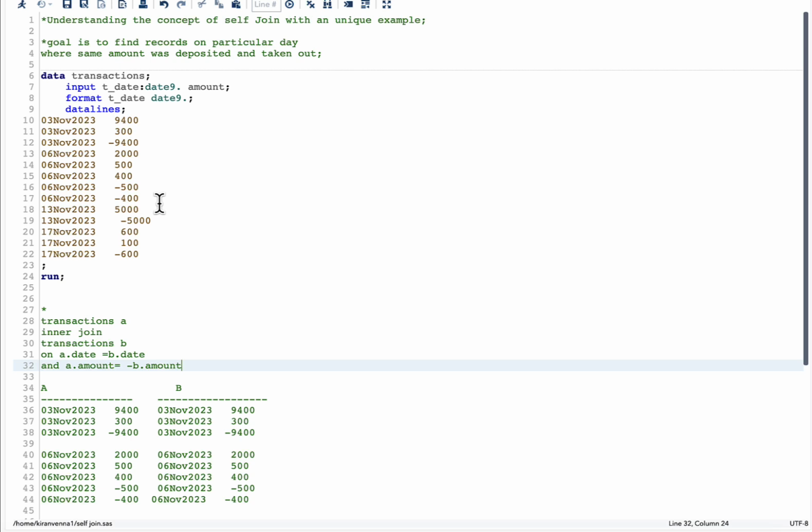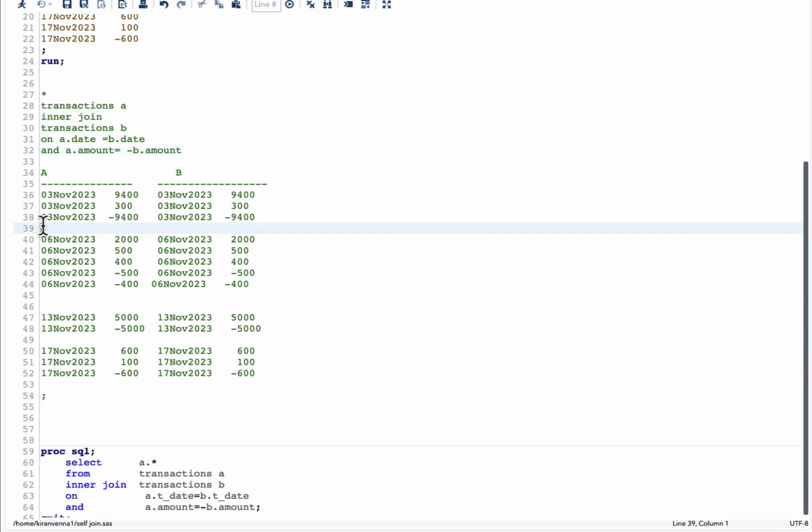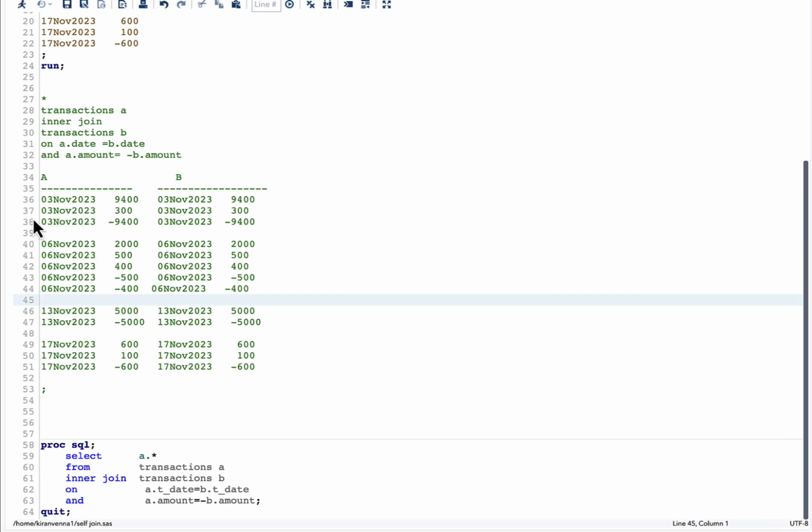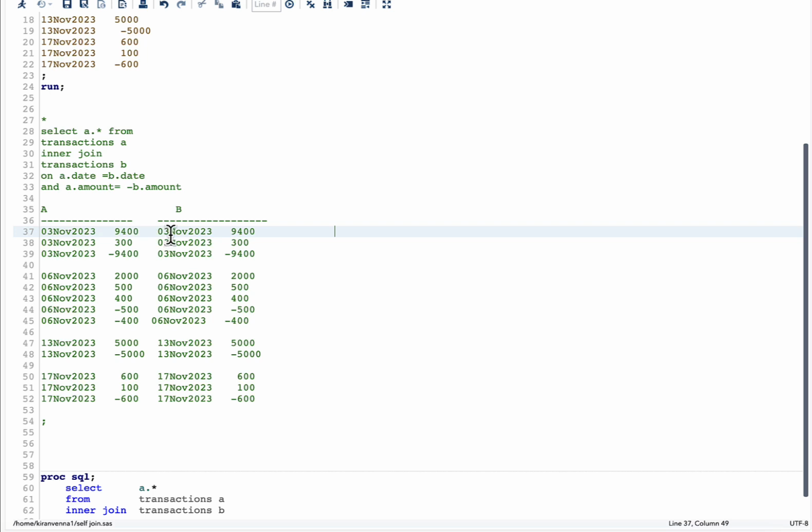Now I want to explain how this code works and solves our problem. I have also given a space between each particular day. Let us start with 03 November 2023. Here I have two data sets, that is the same data set we are representing as A and B. So first, 03 November 2023 is compared to 03 November 2023 in the B data set.